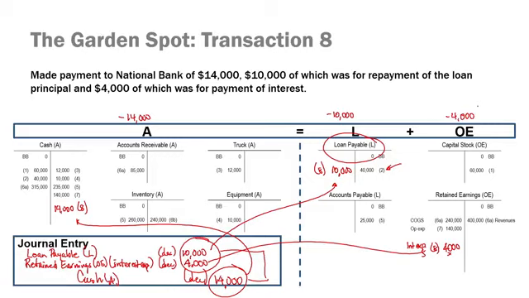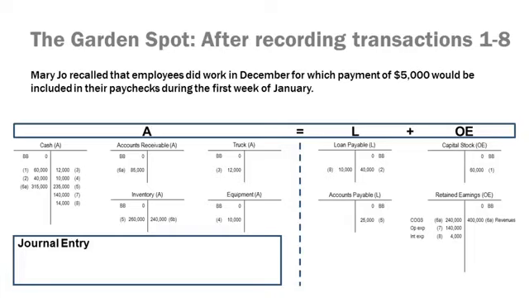So we see that the net effect of the change in the right side of the equation is a negative $14,000. And the change in the left side of the equation is a negative $14,000. Both sides of the equation are down by $14,000. We stay in balance, and guess what? So this is where we stand after recording transactions 1 through 8 for the Garden Spot.